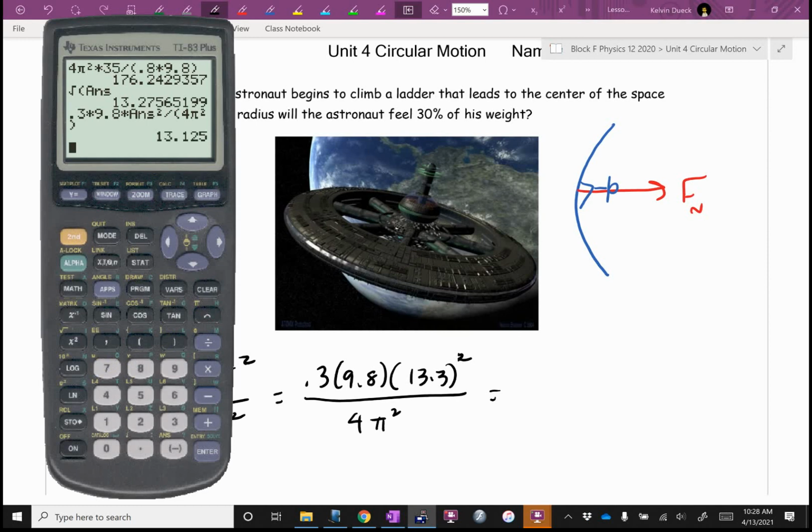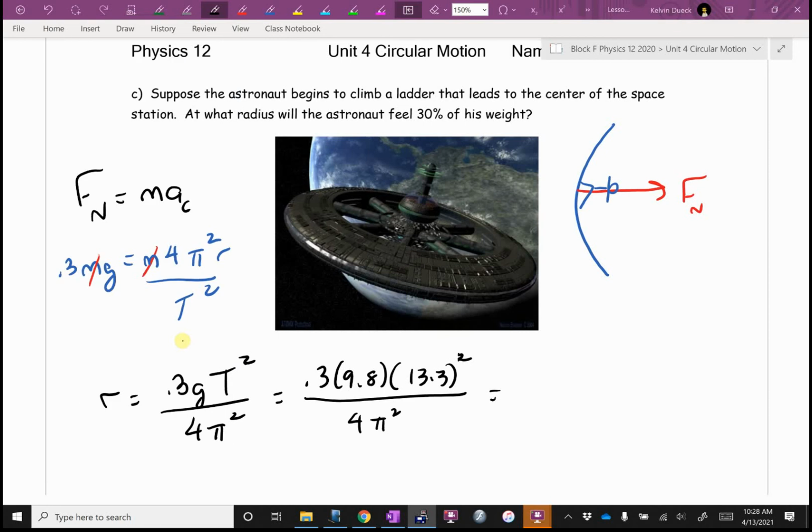See if you get what I got. What'd you get? Yeah. In fact, you use your answer button because you initially multiplied by pi squared, now you're dividing by pi squared. You get a nice non-yucky answer, 13.125 even. So 13.1 meters.